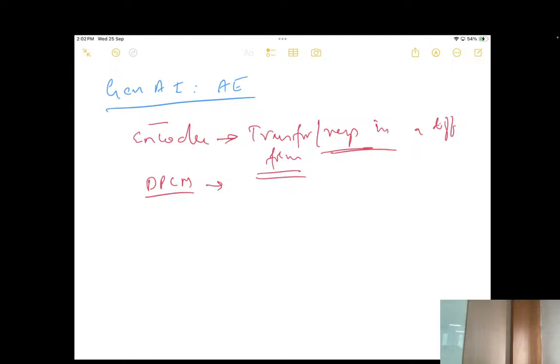On similar concepts, a large number of variations have come over the last 60, 70, or nearly 80 plus years.